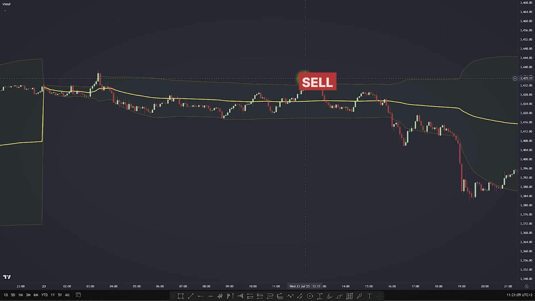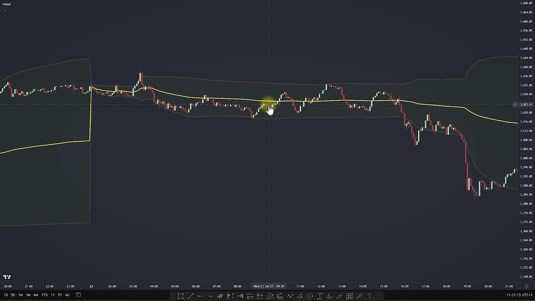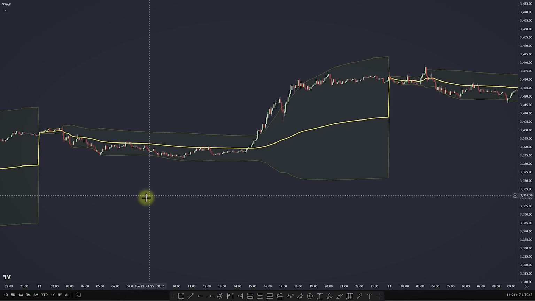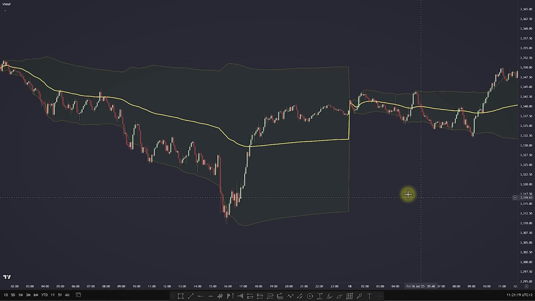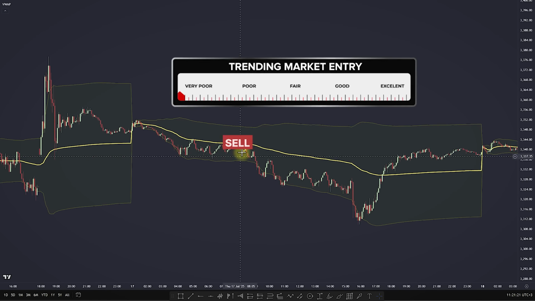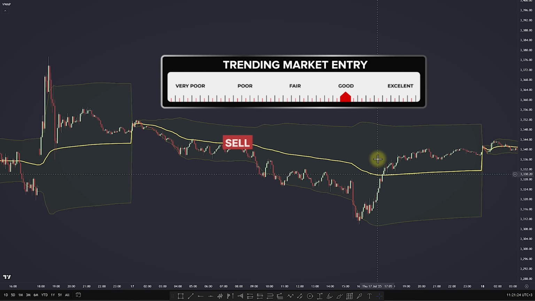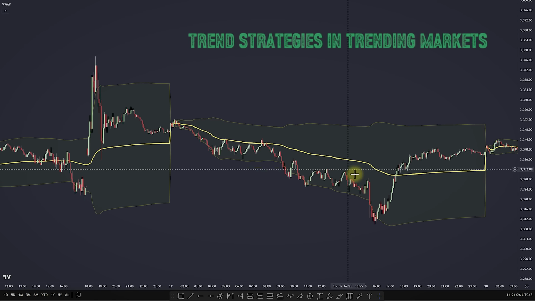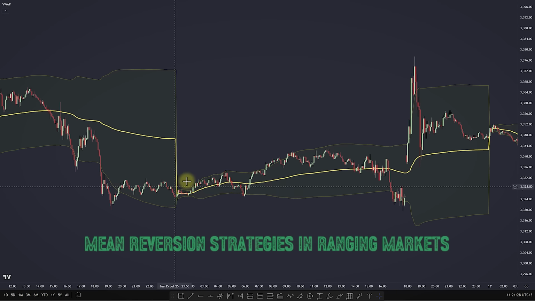Above VWAP, look for shorts back to VWAP. Below VWAP, look for longs back to VWAP. Instead of fighting the market condition, smart money adapts their VWAP strategy to match what the market is actually doing. Trend strategies in trending markets, mean reversion strategies in ranging markets.